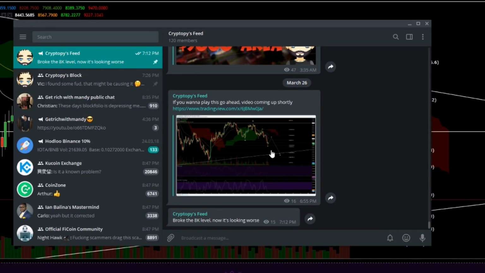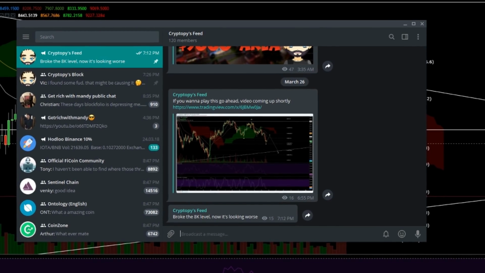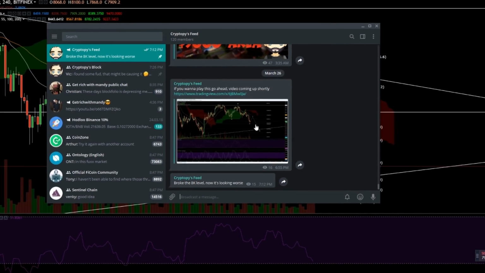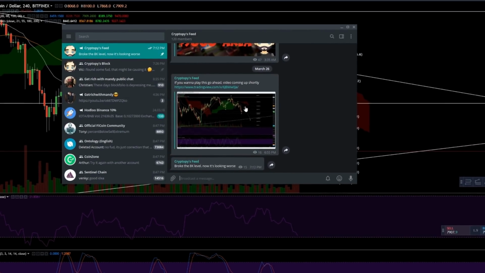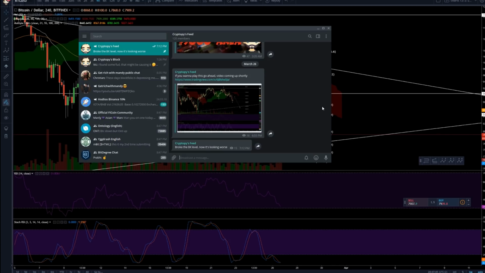I put a play out here, but if it breaks 8k, obviously stop loss and out, right? So it broke the 8k, I was out, I lost this tiny bit of money. It wasn't much. I just had to take it. I thought the 3 was in, and then the 4, right? I wanted to play the 3 to a 4, and it simply wasn't yet. So there's also wrong calls in there, obviously, and that's all part of trading.